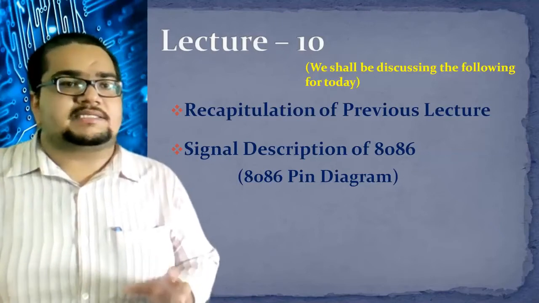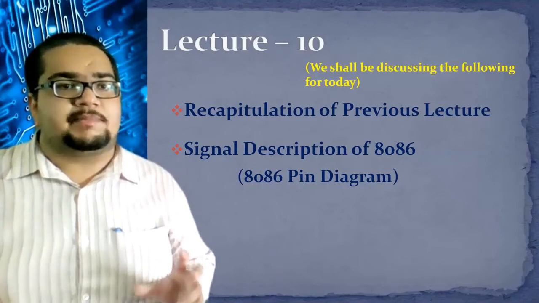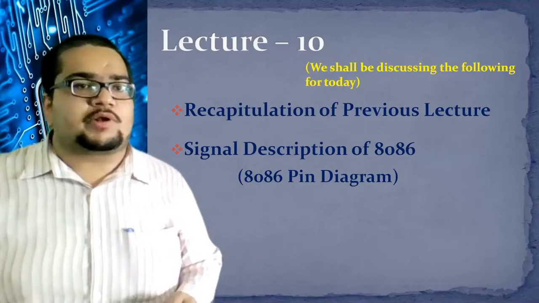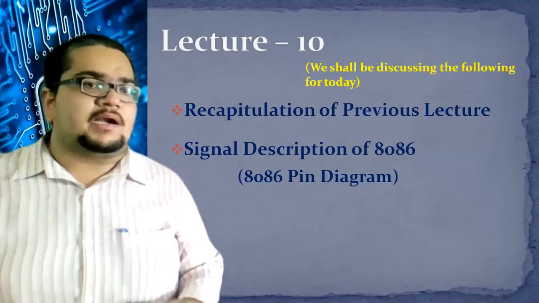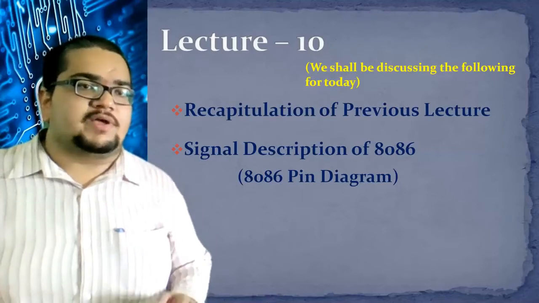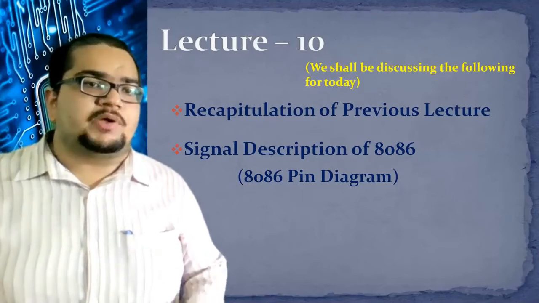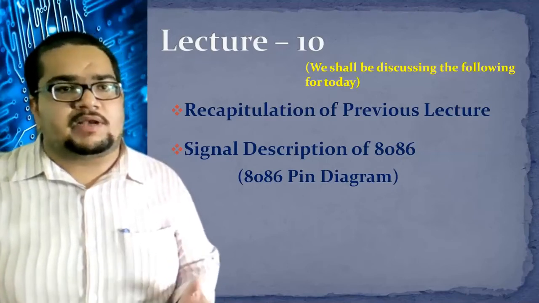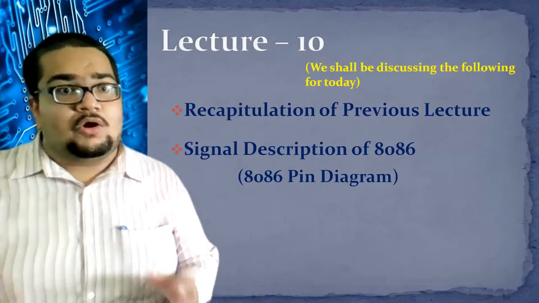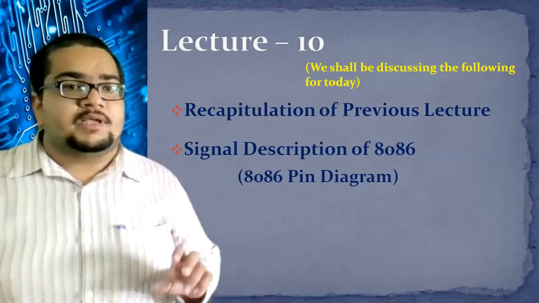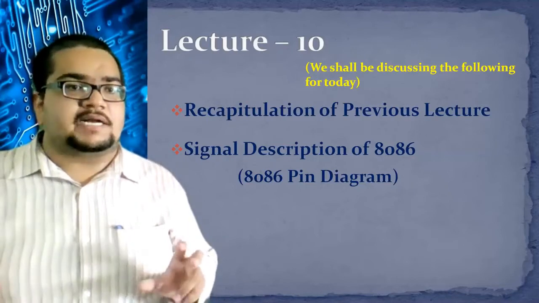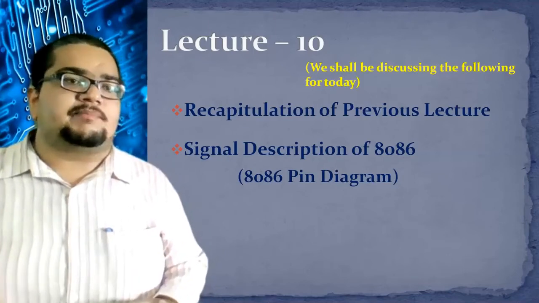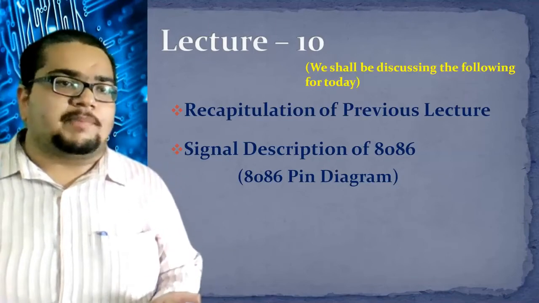When it wants to access the whole 16 bits of data, 2 bytes, one byte will be located in the even bank and the other in the odd bank. That is because of the address location numbers: every alternating number is even and every alternating number is odd. So whenever 16 bits of data are accessed, one byte will be in the even bank and the other in the odd bank.